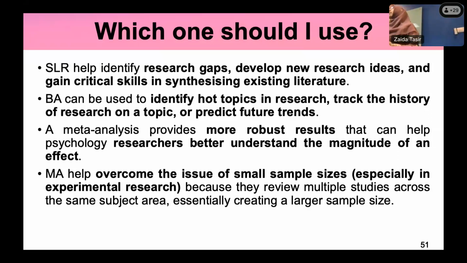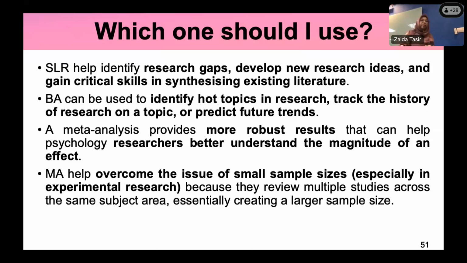Meta is a repetition of the next word that follows it. For example, meta-analysis: analysis about analysis. Meta-cognitive. Cognitive is about thinking. Thinking about thinking. That's how you do it. Meta-words: words about words.